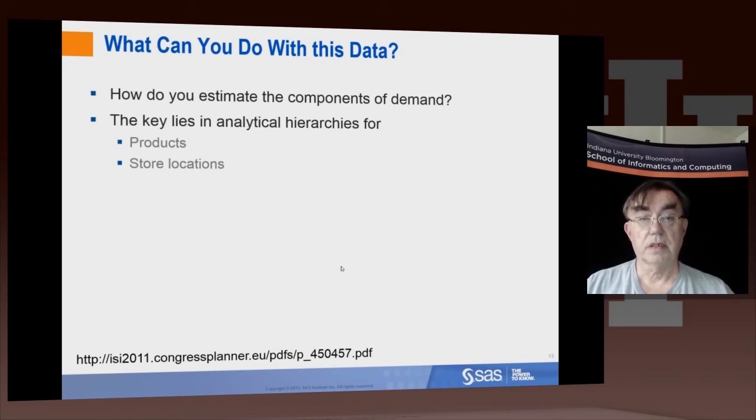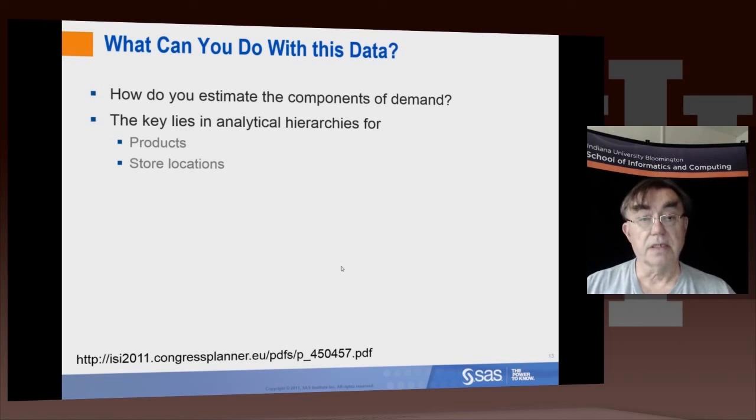So you have to try to group this data together based on groupings within products or geographical groupings, or maybe just other types of groupings. If two stores are in different geographic locations but have the same type of customer, then they could be joined together.